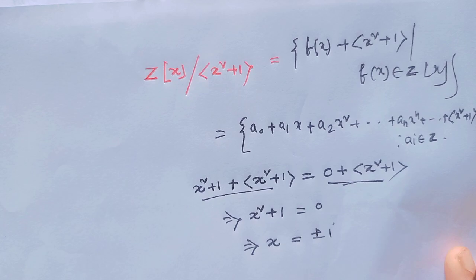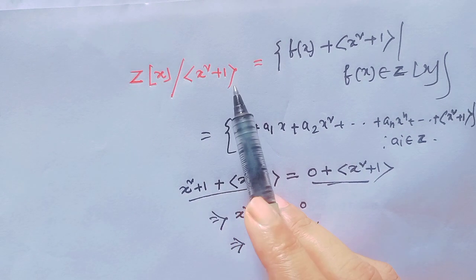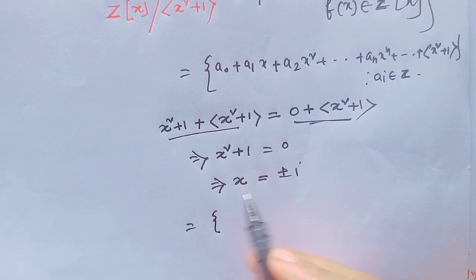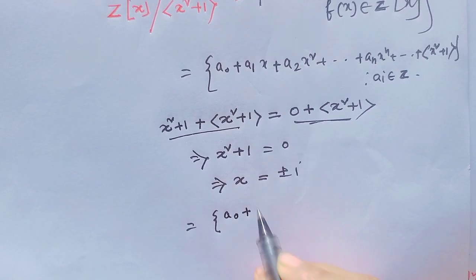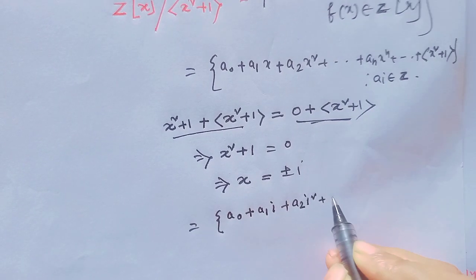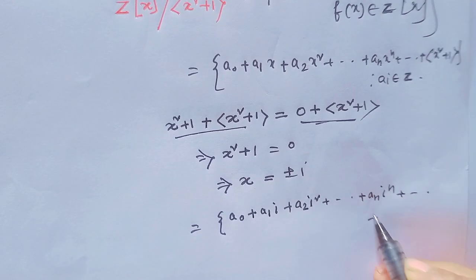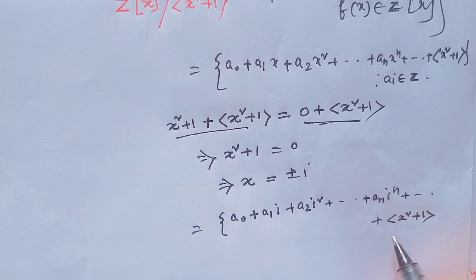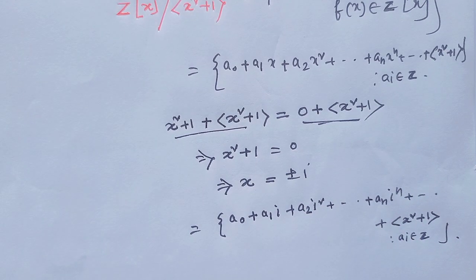Here Z[x] modulo x square plus 1 is equal to the set containing, since x equals plus or minus i, a0 plus a1i plus a2i square up to an i to the power n, where each ai belongs to the integers.